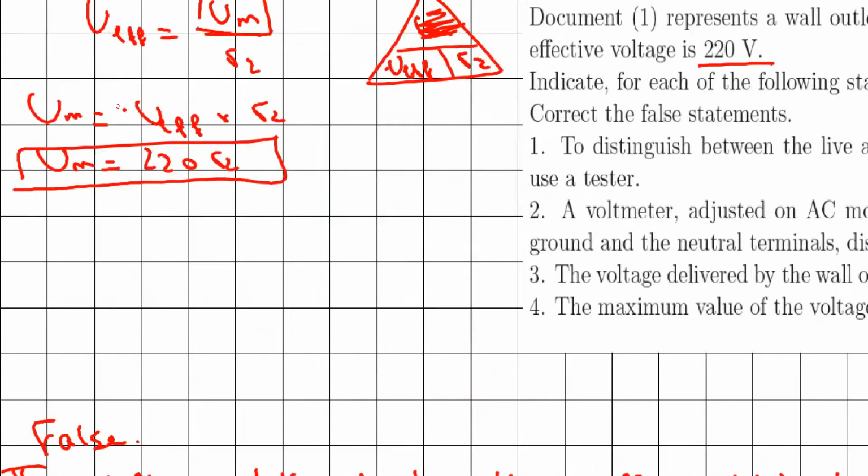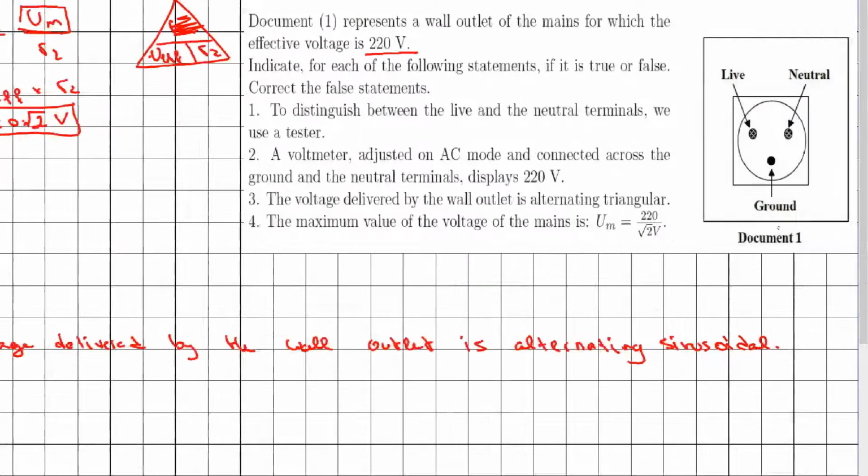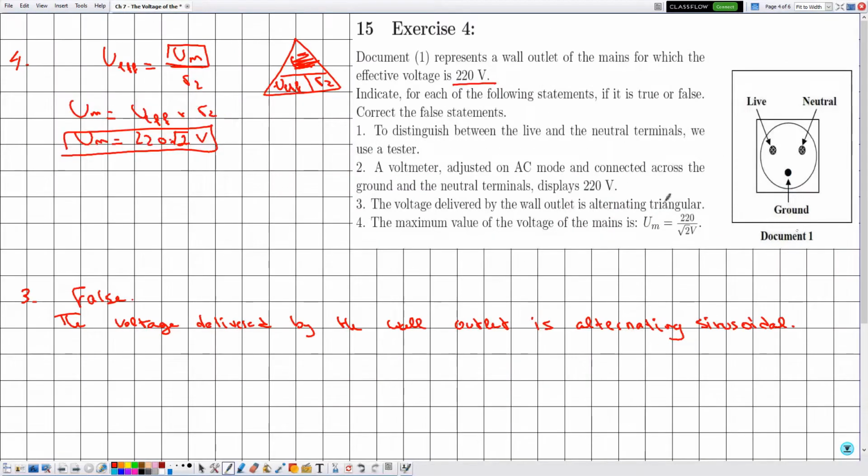And because the effective voltage is expressed in volts, so this is expressed in volts. And here this is multiplied. So notice that the expression of the maximum voltage is wrong, so the statement is false.